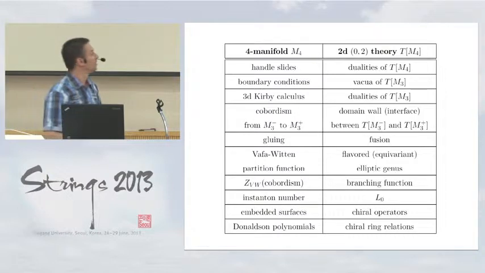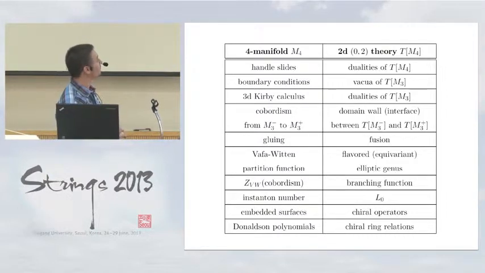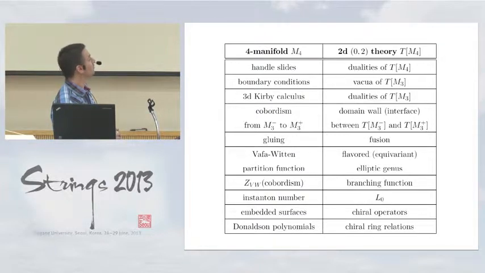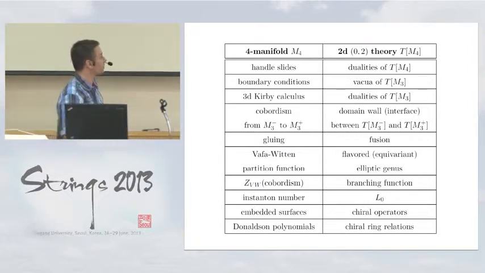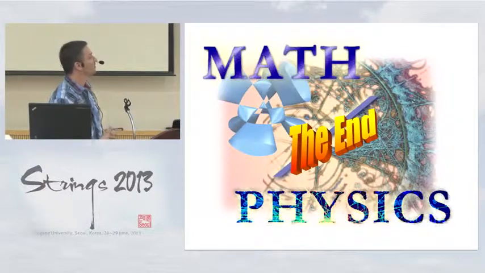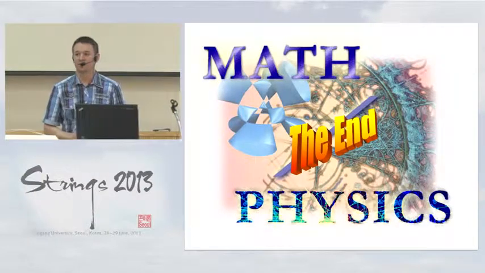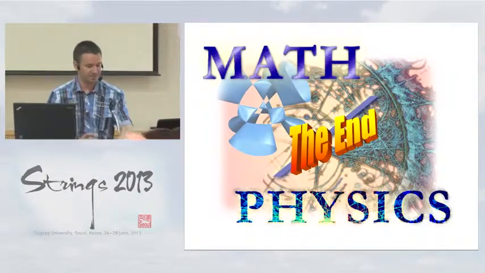We talked about domain walls corresponding to cobordisms between 3-manifolds. The fusion of domain walls corresponds to stacking these domain walls or manifolds together. The Vafa-Witten partition function corresponds to the superconformal index with various flavor parameters, and so on and so forth. So I hope this has been an interesting new correspondence between math and physics.